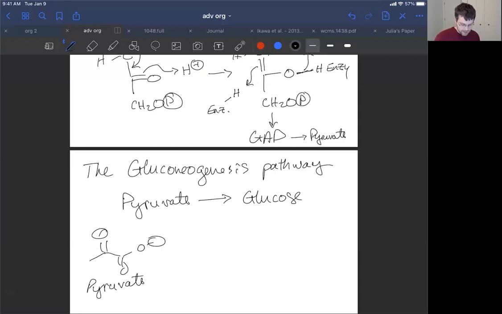We're going to react that with ATP, CO2, and H2O. And what we're going to do is like an aldol reaction on CO2, sort of. Well, yeah, kind of. Let's not get too deep into it right now.